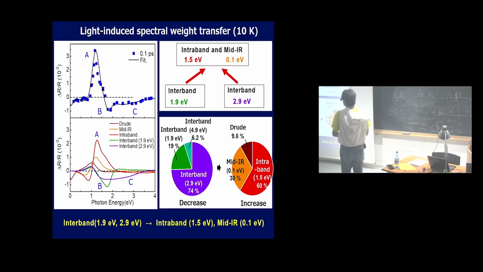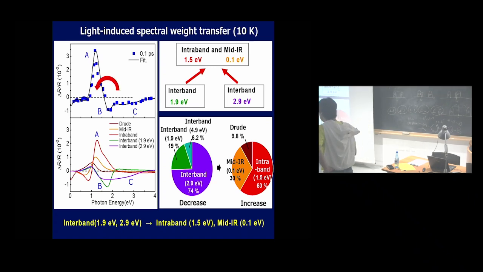The result is that the spectral weight transfer occurs from the interband transitions at 1.9 and 2.9 electron volts to the interband 1.5 eV and 0.1 eV mid-infrared absorption. In this time range, it looks like the negative component. As I thought, it changed to positive within the first 300 femtoseconds.